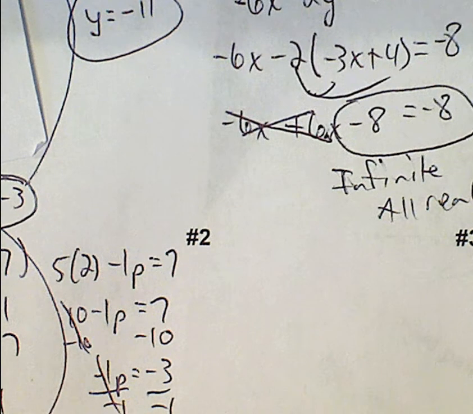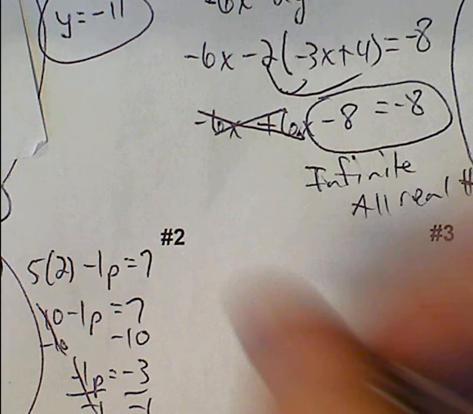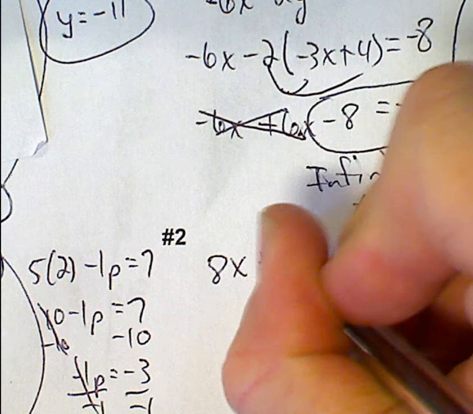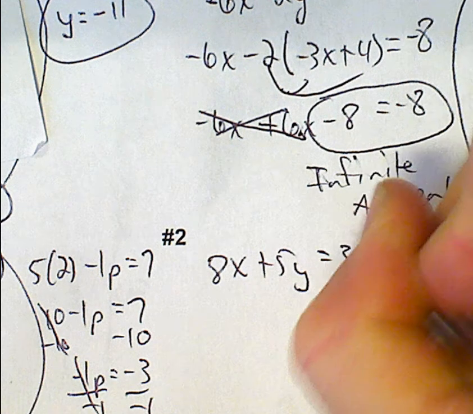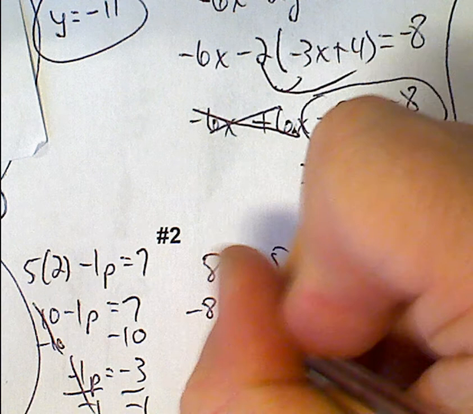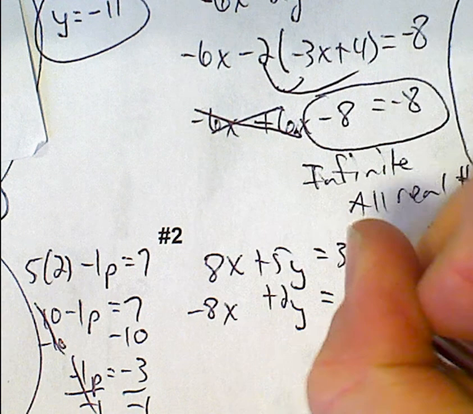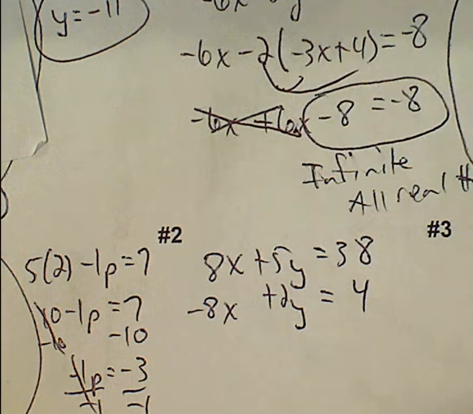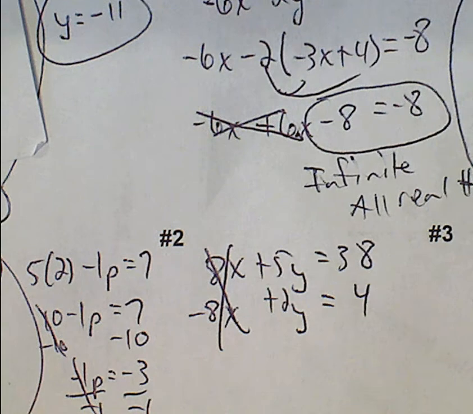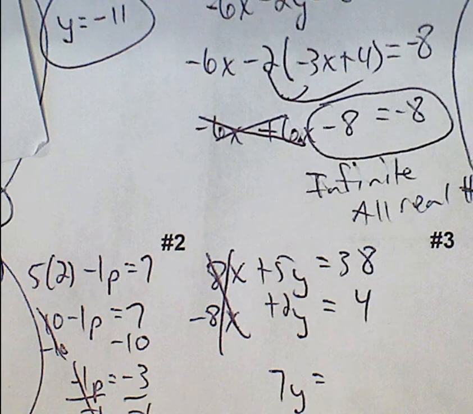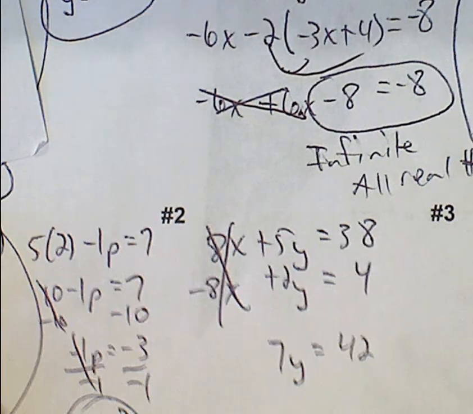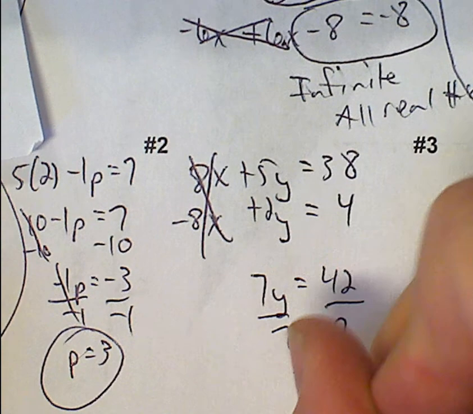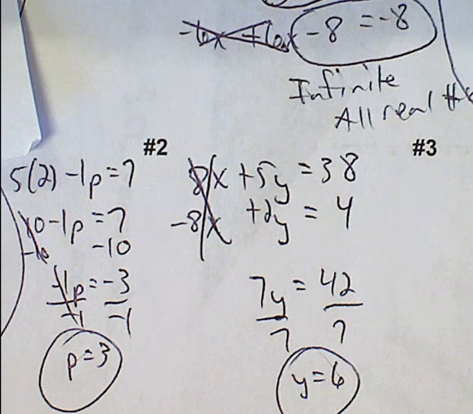Number 2. 8x plus 5y equals 38. Negative 8x plus 2y equals 4. These are already opposites. 7y equals 42. Divide by 7, y equals 6.